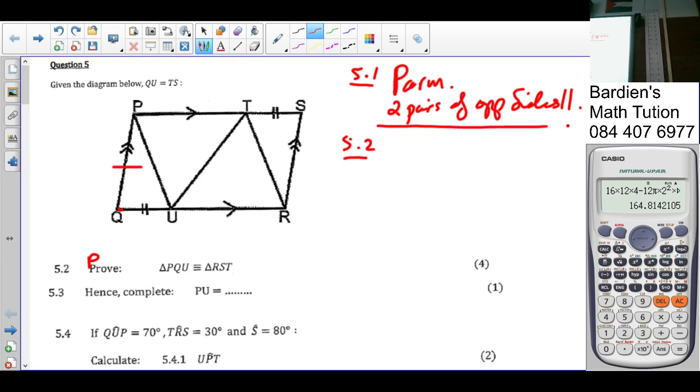Opposite sides are also equal. No? Opposite angles are equal. And one more that is not applicable here is what? The diagonals bisect each other, they cut each other in half. You all okay with that? Okay.